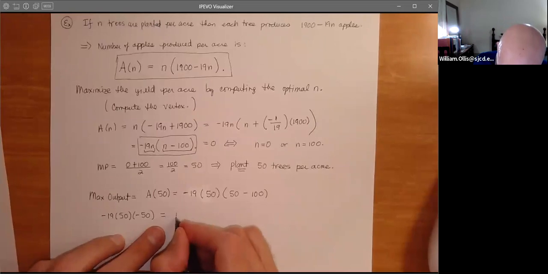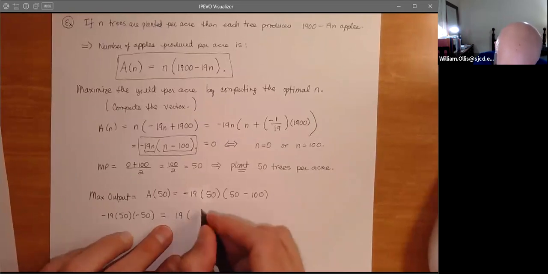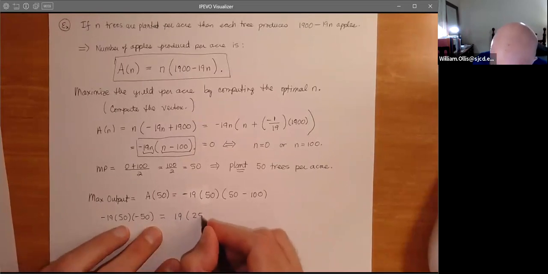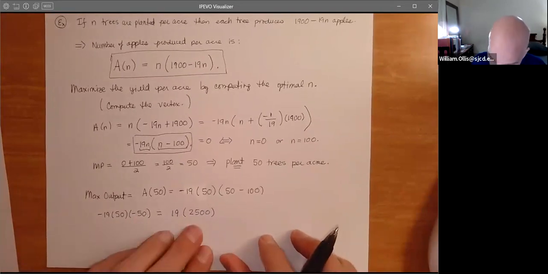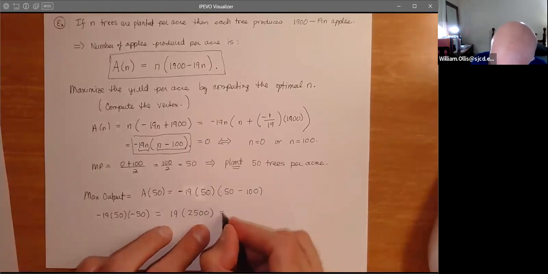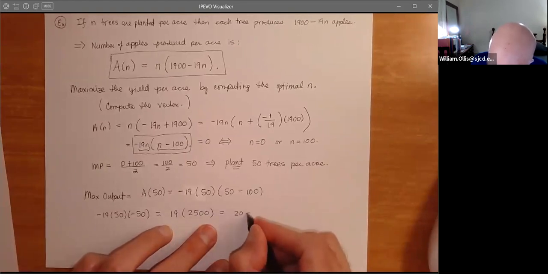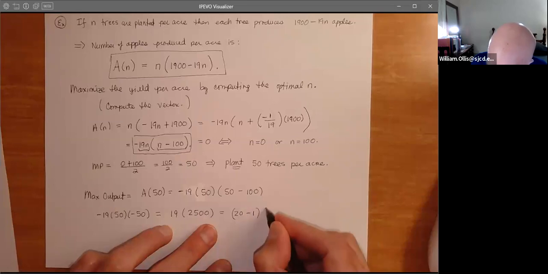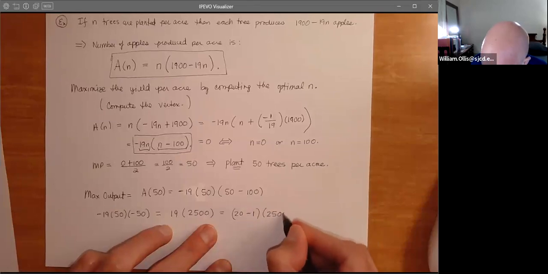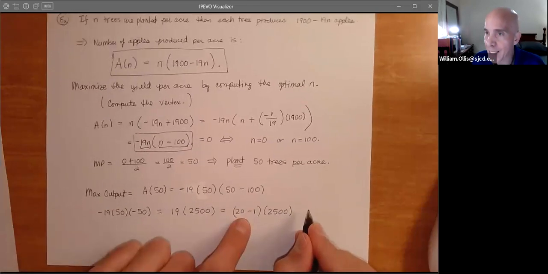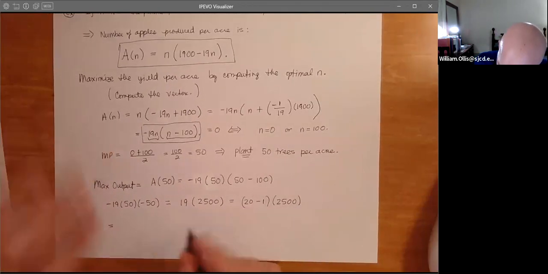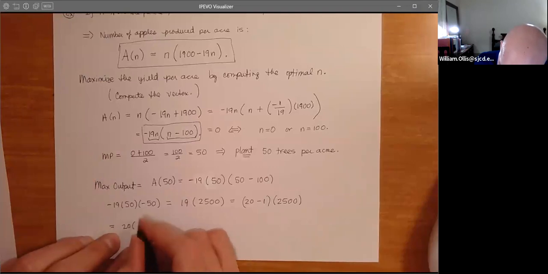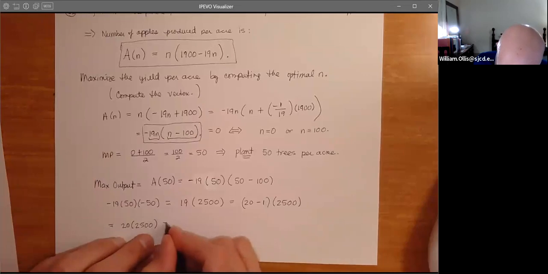So this gives us 19 times 2,500. So 50 times 50 is 2,500. And here's a trick we can use. We'll just say 20 minus 1 times 2,500, to re-express the 19 as two simpler summands. So this will be 20 times 2,500 minus 2,500.